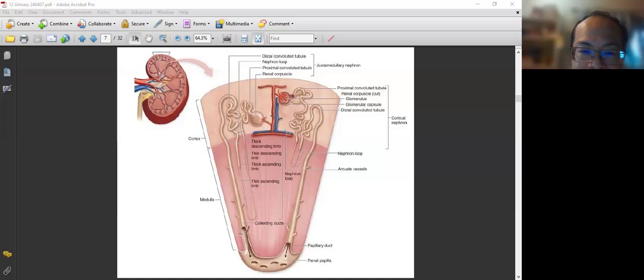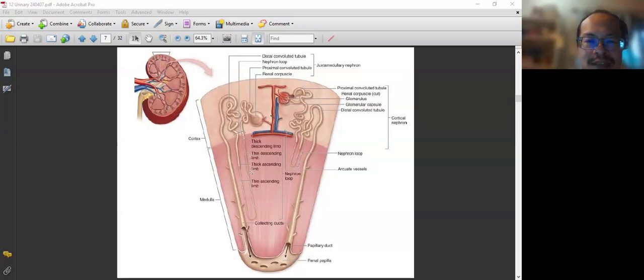half of the loop of Henle is water impermeable. In the proximal tubule, it's water permeable, so water gets reabsorbed back. But that permeability gradually drops. This tube becomes more and more sealed, so water cannot go through easily. This part we call the descending limb.